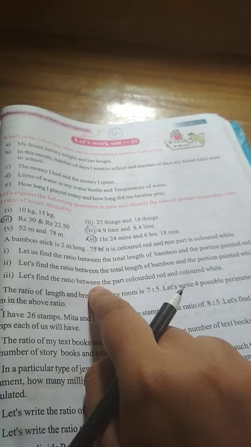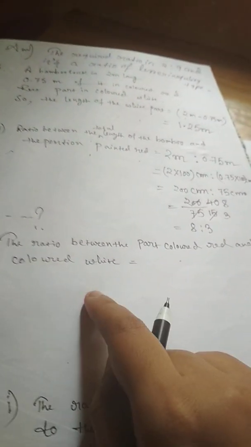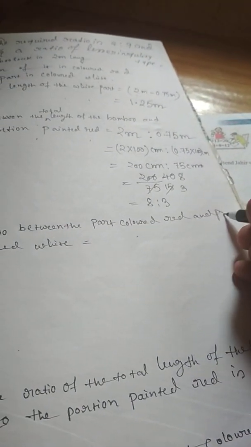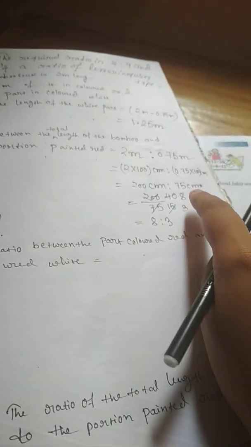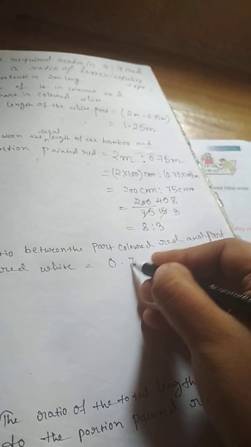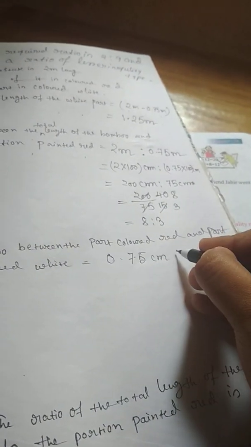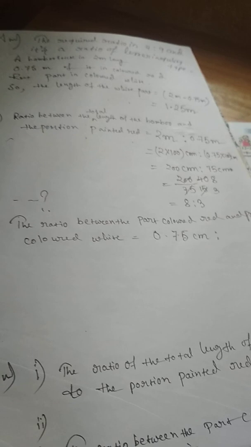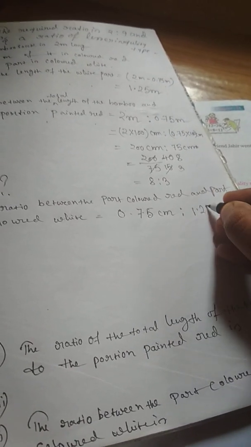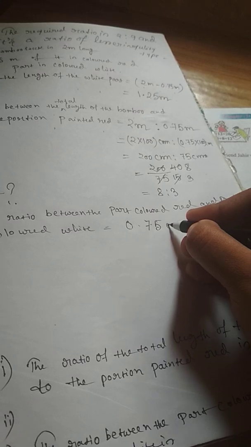Now, coming to the third part, let's find the ratio between the part colored red and the part colored white. The ratio between the part colored red and the part colored white equals the part colored red, 0.75 meter, ratio the white portion, 1.25 meters.